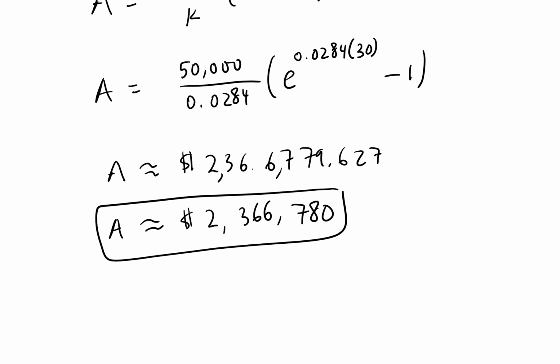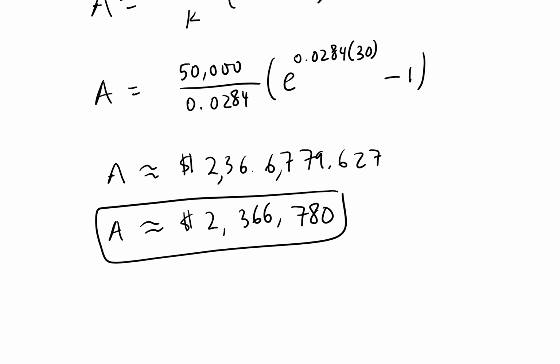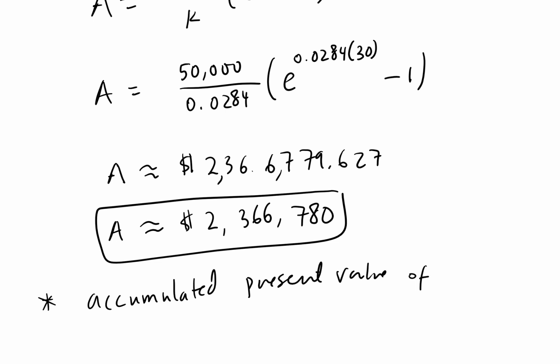The next thing, because we showed you how to find the present value, we also have what we call the accumulated present value of a continuous income stream.